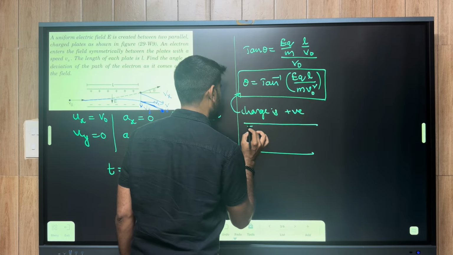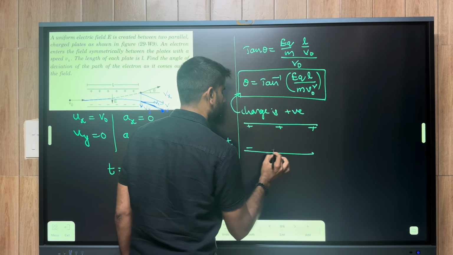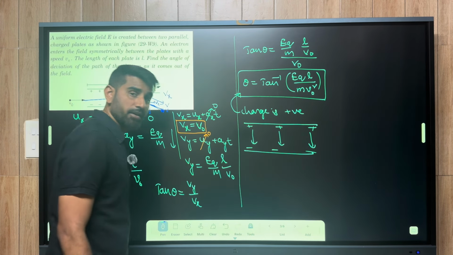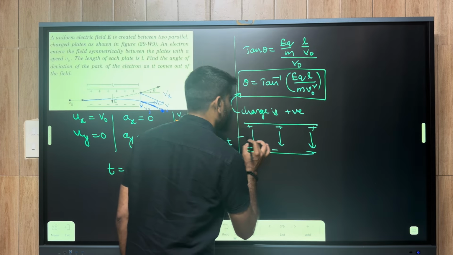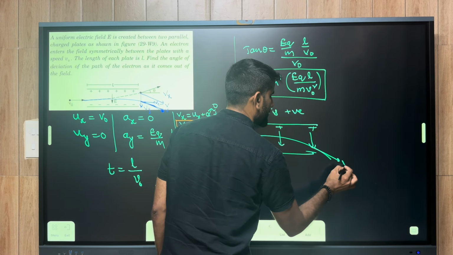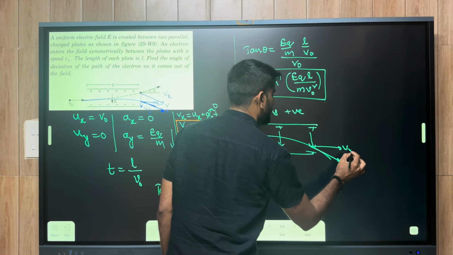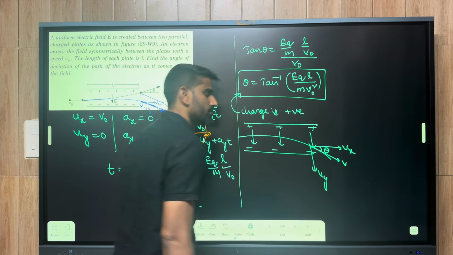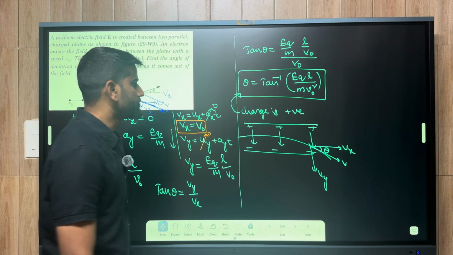If this is the positive plate and this is the negative plate, then the field will be in this direction, so the charged particle will move like this. The net velocity is V, here we have Vx, here we have Vy, and this will be our angle theta.